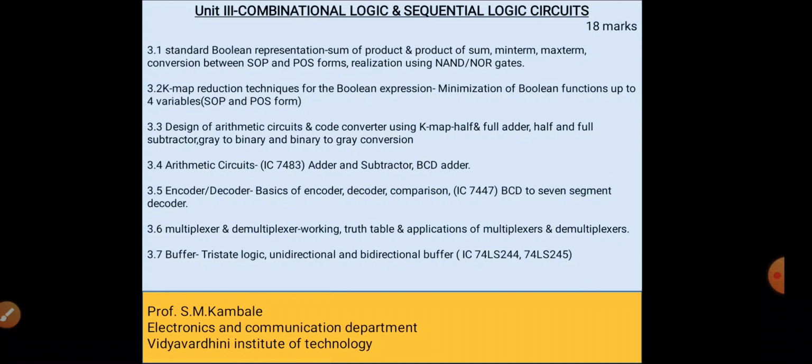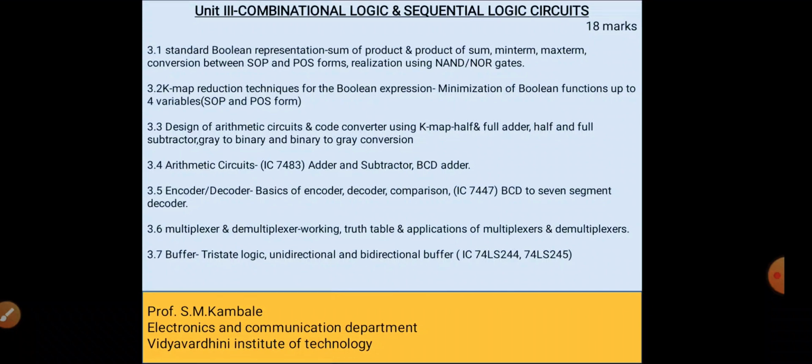Now the third subtopic is adder and subtractor. There are various addition rules and various subtraction rules. If A and B are the two inputs, then it is called a half adder. If A and B are the two inputs for the subtractor, then it is called a half subtractor.